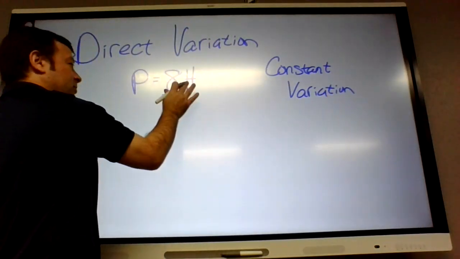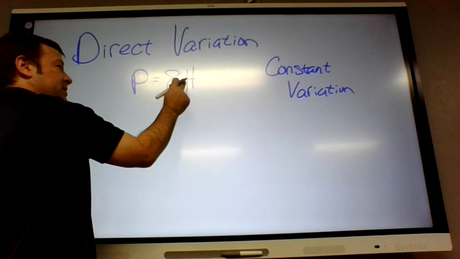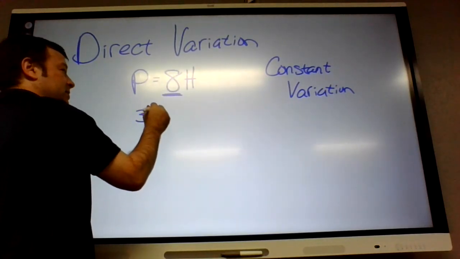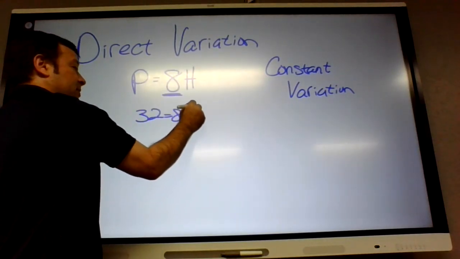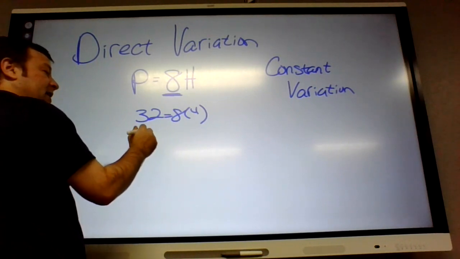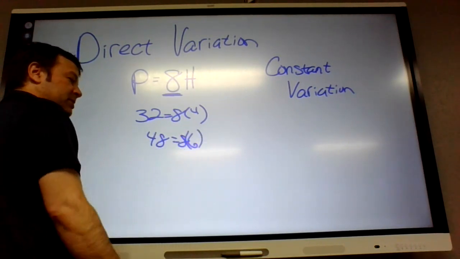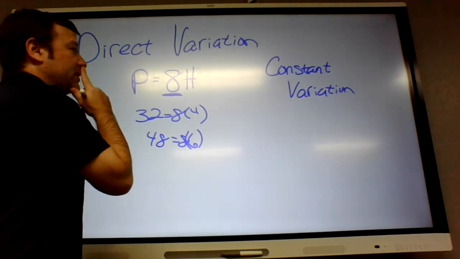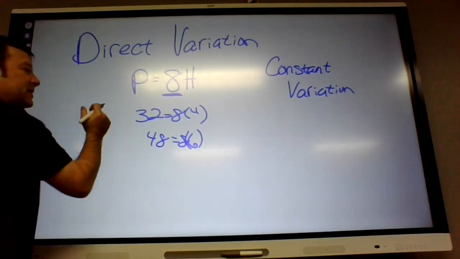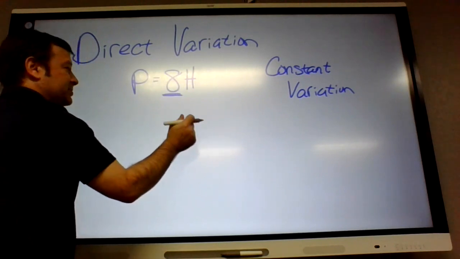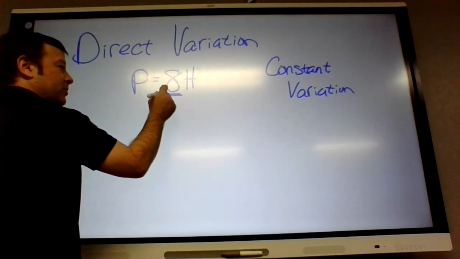So if you worked 4 hours, you would get paid 8 times 4, $32 for 4 hours of work. If you worked 6 hours, you get 48, 8 times 6. But you could also manipulate this formula a little bit.